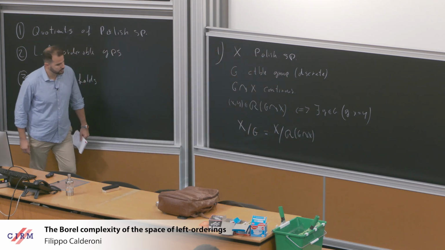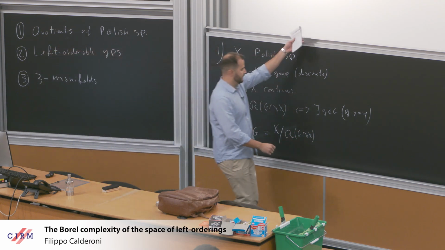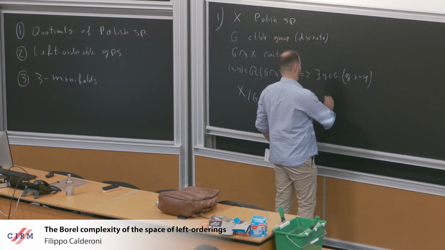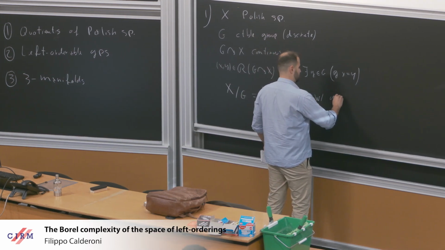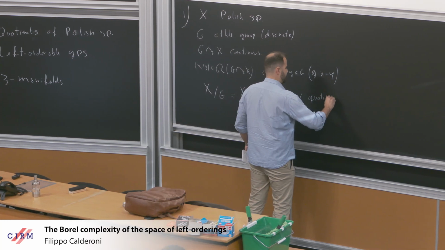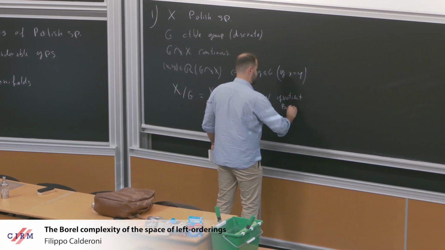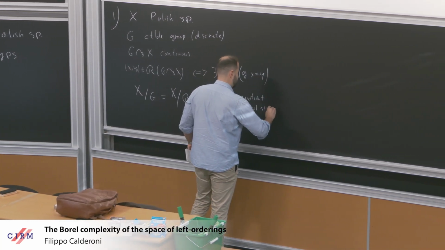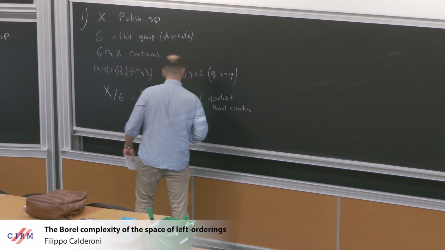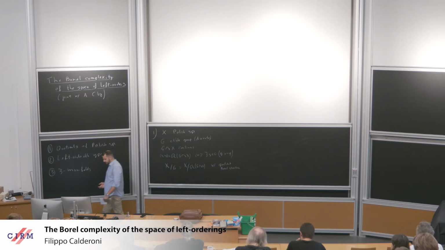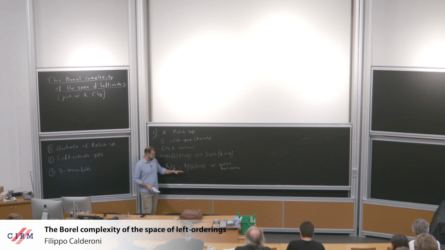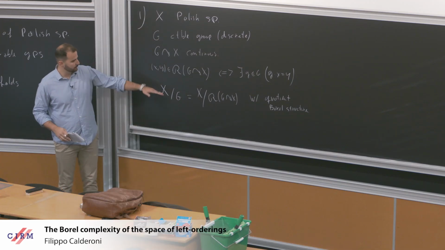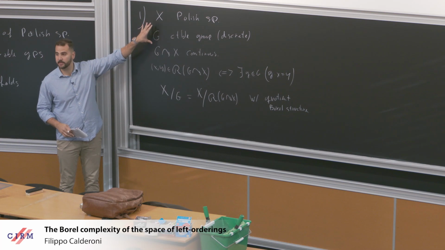And we look at this quotient with a quotient Borel structure. So, a Borel set of the quotient is defined as a set such that if you take the union of all its classes, you get a Borel set in the actual space X.